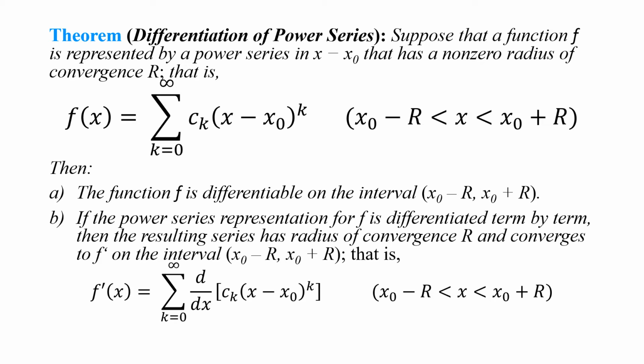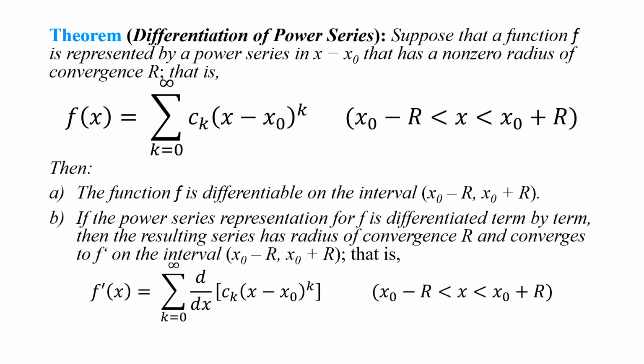If the power series representation of f is differentiated term by term, then the resulting series has a radius of convergence r and converges to the first derivative of f on the interval x sub 0 minus r to x sub 0 plus r.